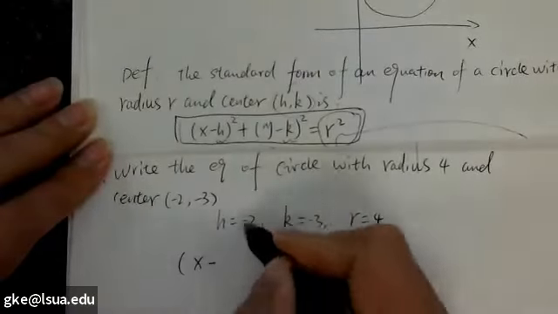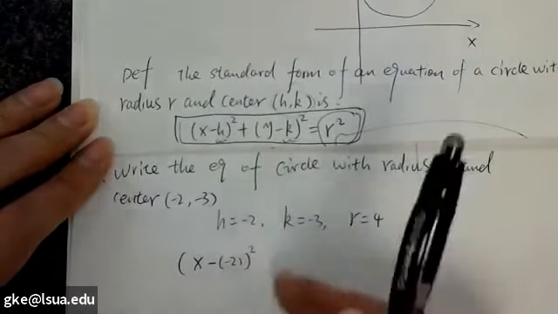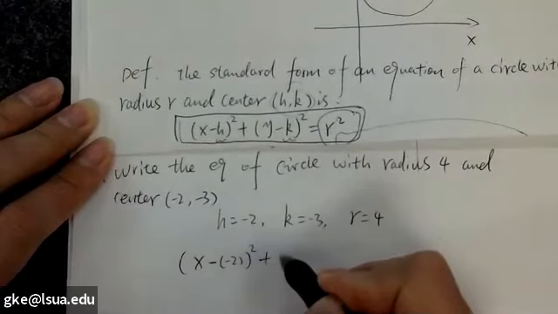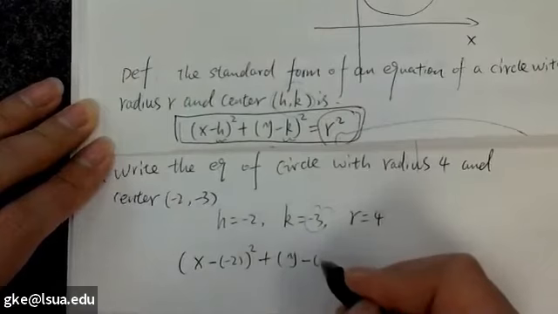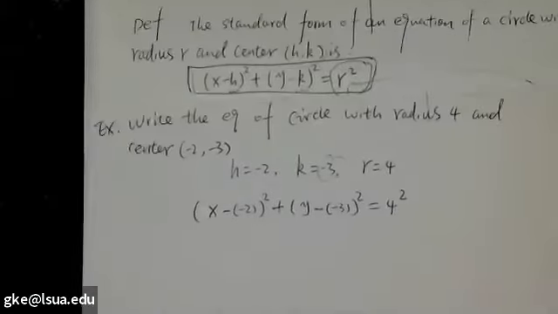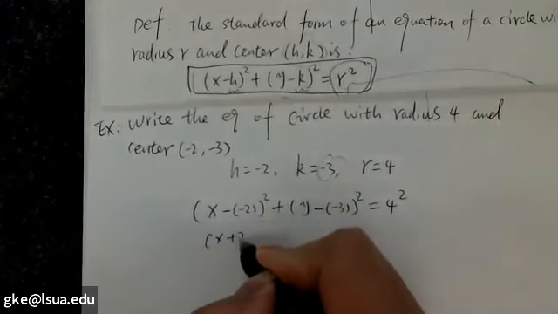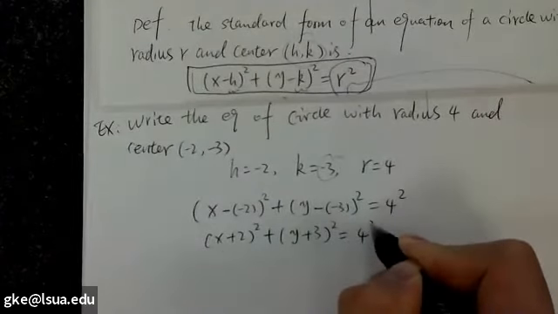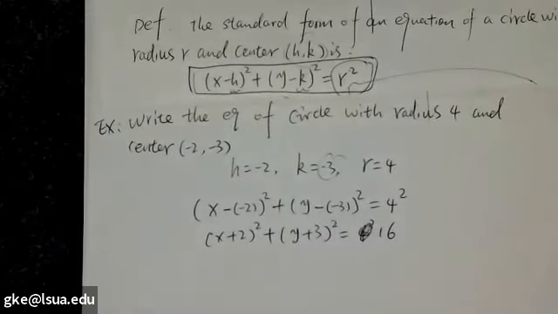We have x subtract h, h is -2, that is negative, so we put a parenthesis here. y subtract k, k is negative, so put parenthesis here for square, right? Just plug in. Now what are you gonna do? (x + 2) squared plus (y + 3) squared equals 16, right? 16.